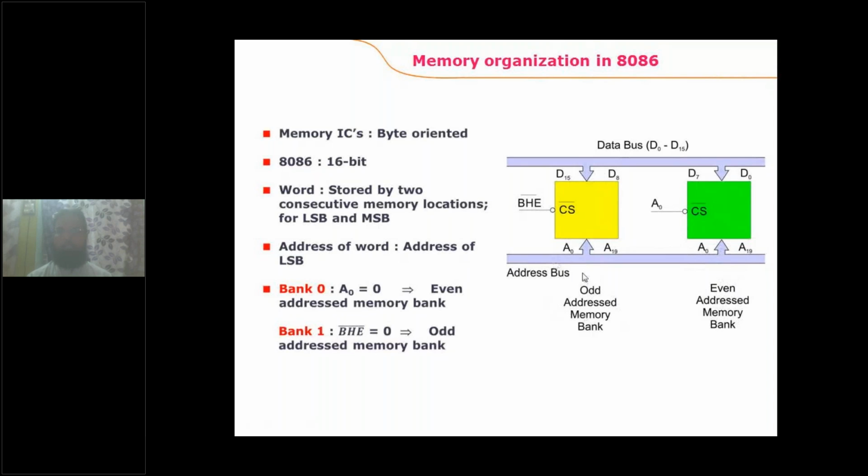And a few more points from the previous class: whenever the memory is organized in two banks, there are a few signals which are used to activate these banks. If it is an even bank, the least significant address signal, which is A0, is basically used to activate the even memory bank. And to activate the odd memory bank, there is a special signal called bus high enable, BHE, and this is an active low signal.